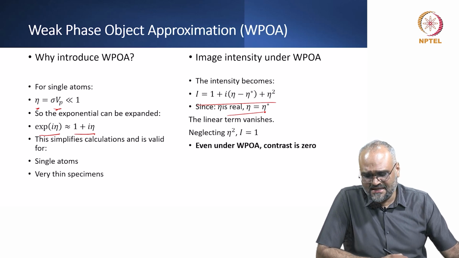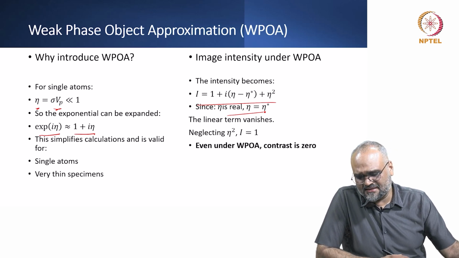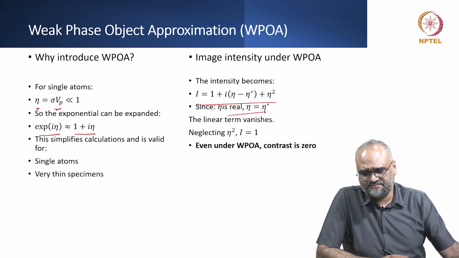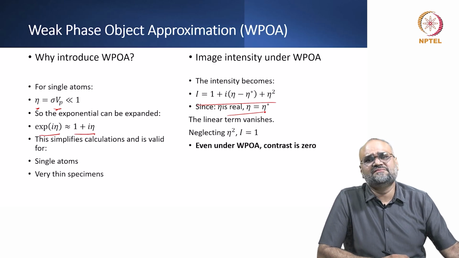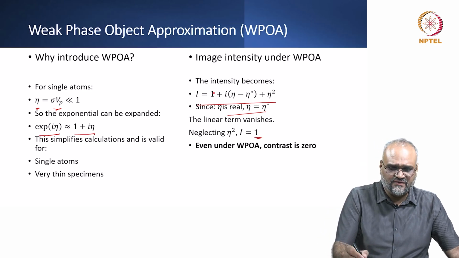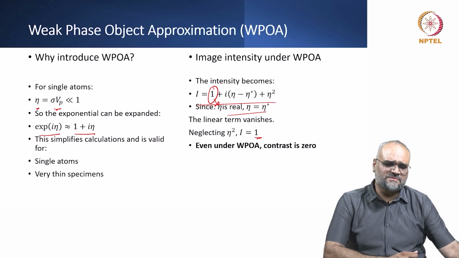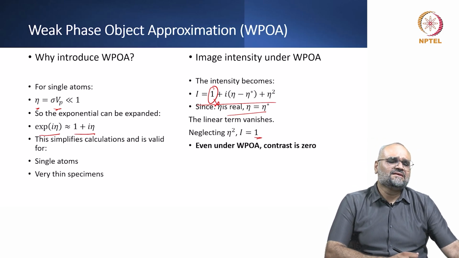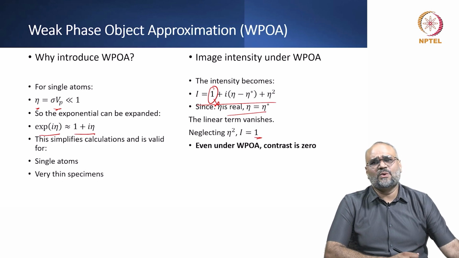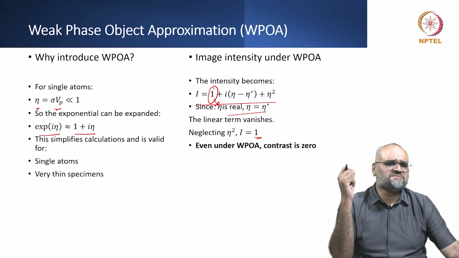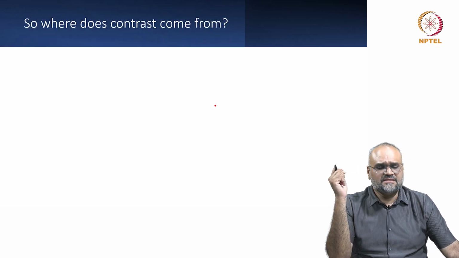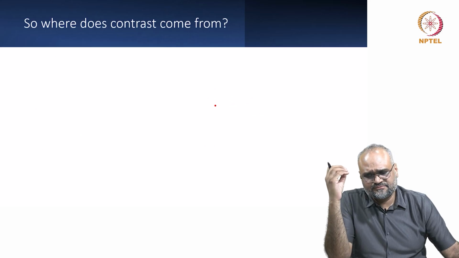So even under the weak phase object approximation, the contrast actually becomes 0. It remains unity. If you look at this, here is what remains in the weak phase object approximation. But then the question that arises is, where does the contrast come from in the transmission electron microscope?